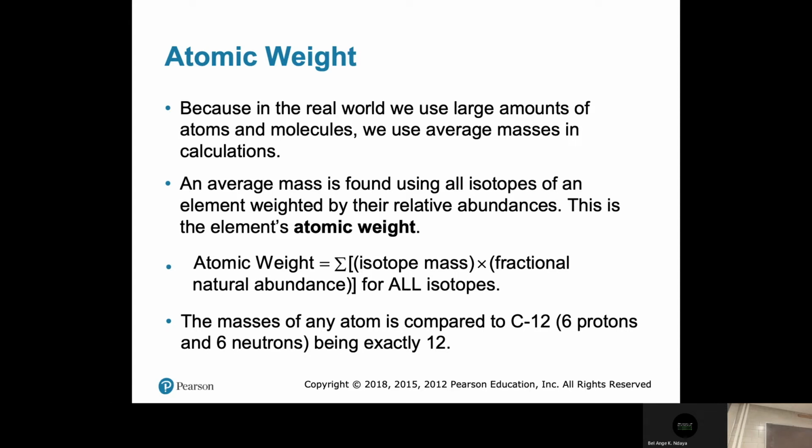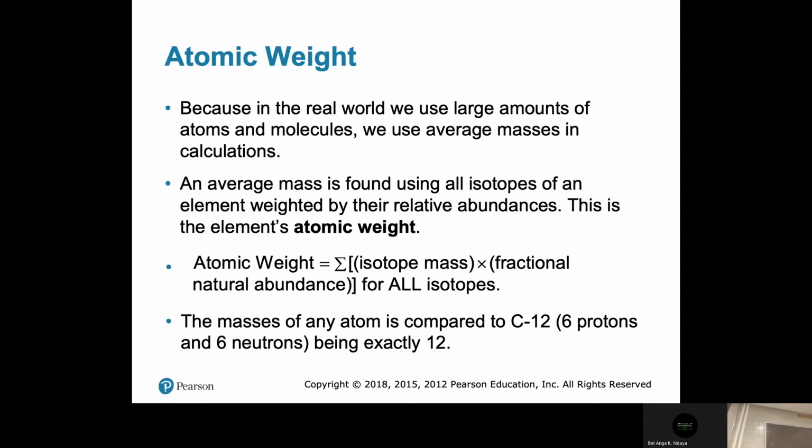The same thing is true with atomic weight and atomic mass. Atomic mass is the number of protons and neutrons added together. But the atomic weight is actually an average of all the isotopes together. That's why, when you look at carbon right here, its mass is 12.011.